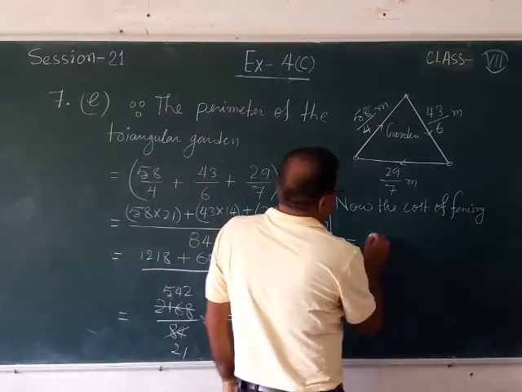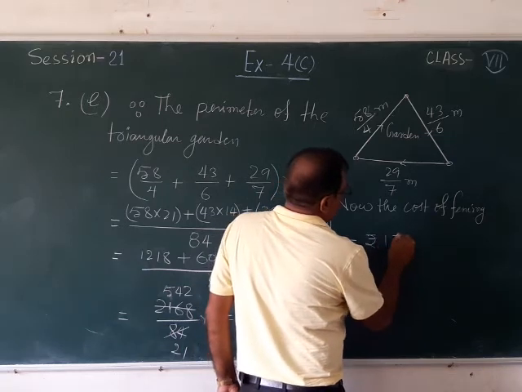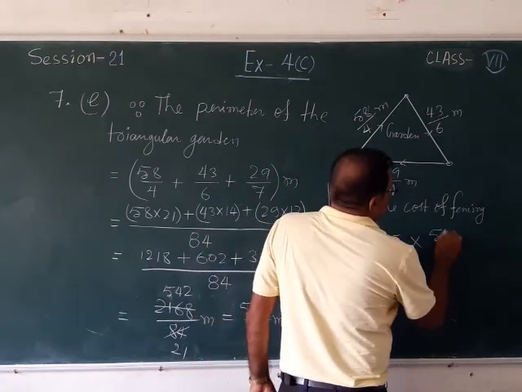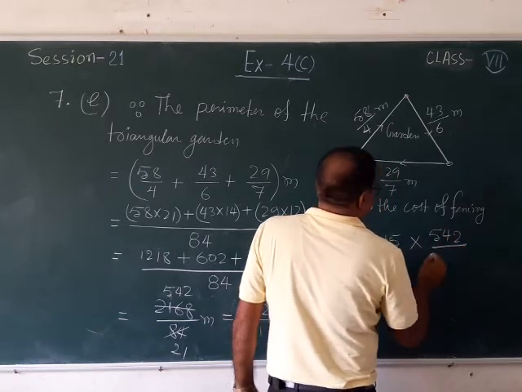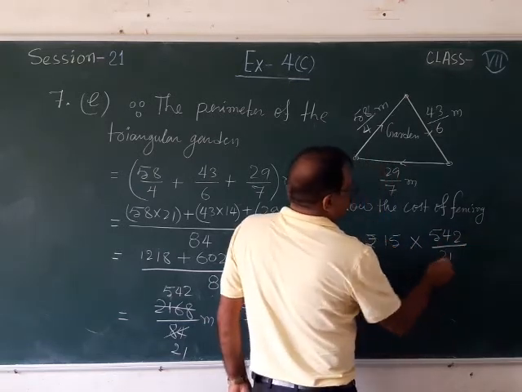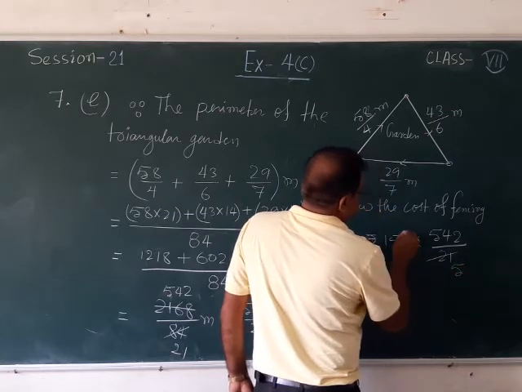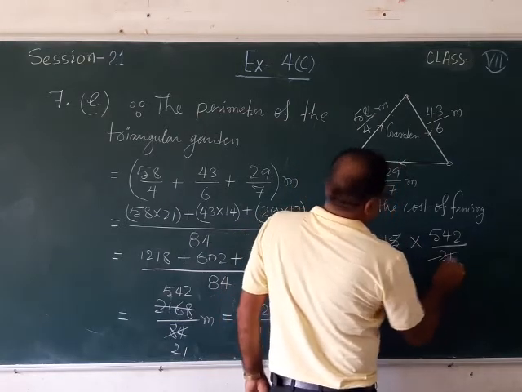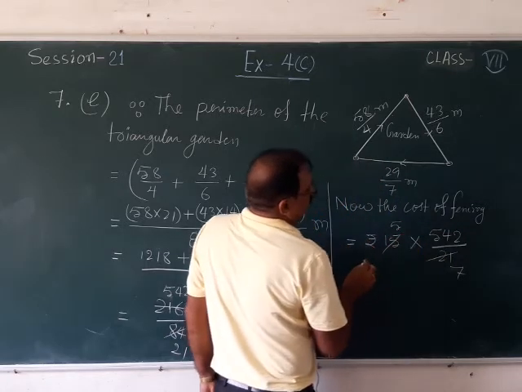That means I will multiply it by 15. Rupees 15 should be multiplied by 542 upon 21. By 3, 3 5 ja 15, and 3 7 ja 21, and 3 5 ja 15.